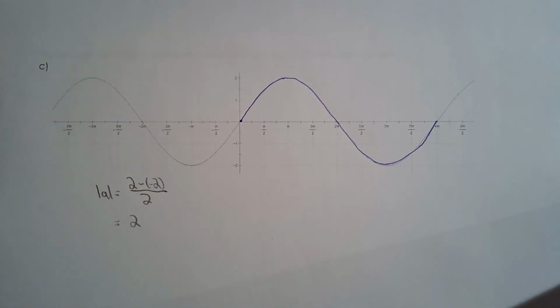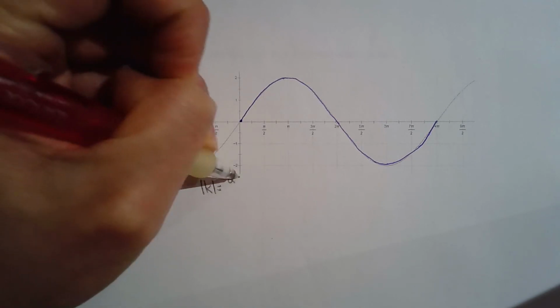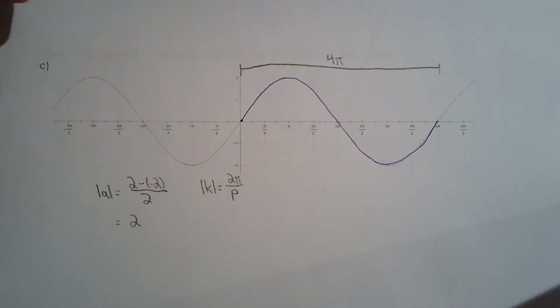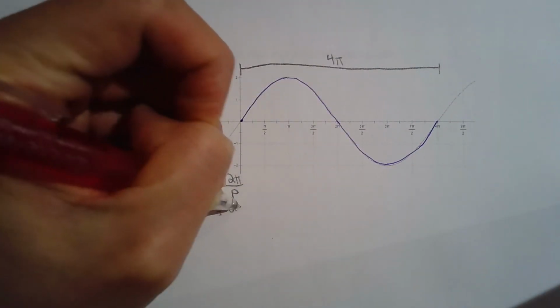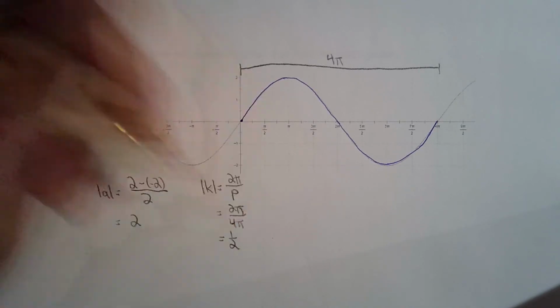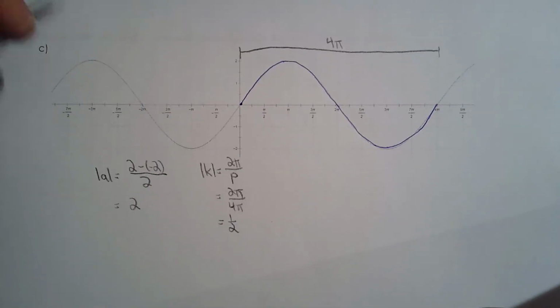So the amplitude is 2. What about the K value? It's 2 pi over the period. This is 4 pi. So 2 pi over 4 pi is half. It means a horizontal stretch by a factor of 2. That makes perfect sense. It went from 2 pi to 4 pi.